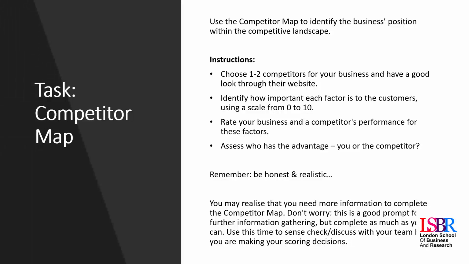So those are the weightings, okay? So I want you to give them weightings, and then I want you to give them a score from 0 to 10. So for each of those criteria, I want you to score the 2 companies you've chosen based on how well you think they perform in those criteria. And then I want you to tell me who has the advantage by multiplying the score by the weight, okay?